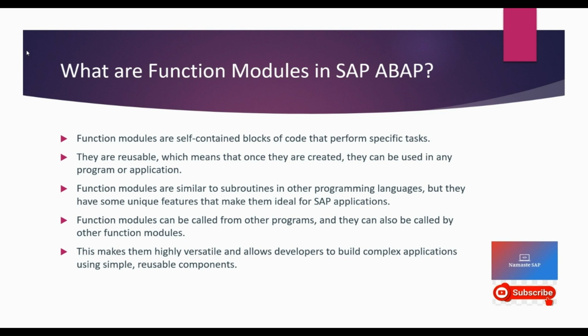Function modules are similar to subroutines in other programming languages, but they have some unique features that make them ideal for SAP applications. Function modules can be called from other programs, and they can also be called by other function modules. This makes them highly versatile and allows developers to build complex applications using simple, reusable components.